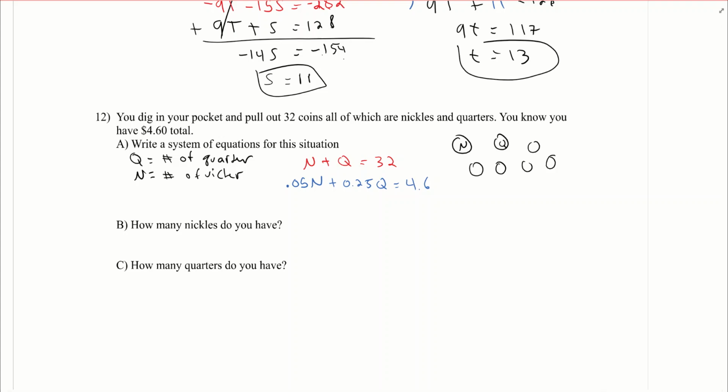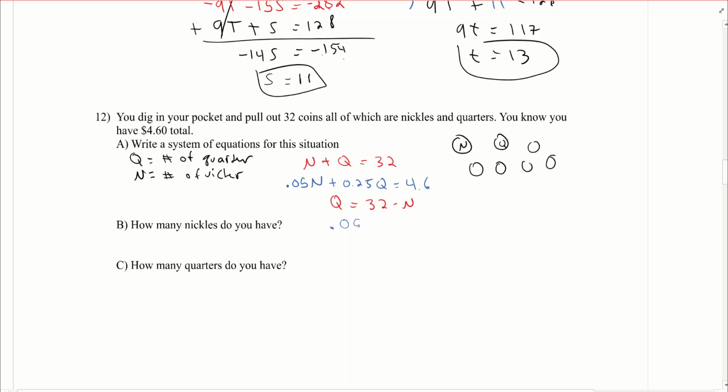And now we're left with this. We're going to solve using whatever method we need to. I'm going to go ahead and use substitution in this case. I'm going to solve that first equation for Q, right? So I'm subtracting n on both sides, and I get Q equals 32 minus n. Then I'm going to substitute that back in.